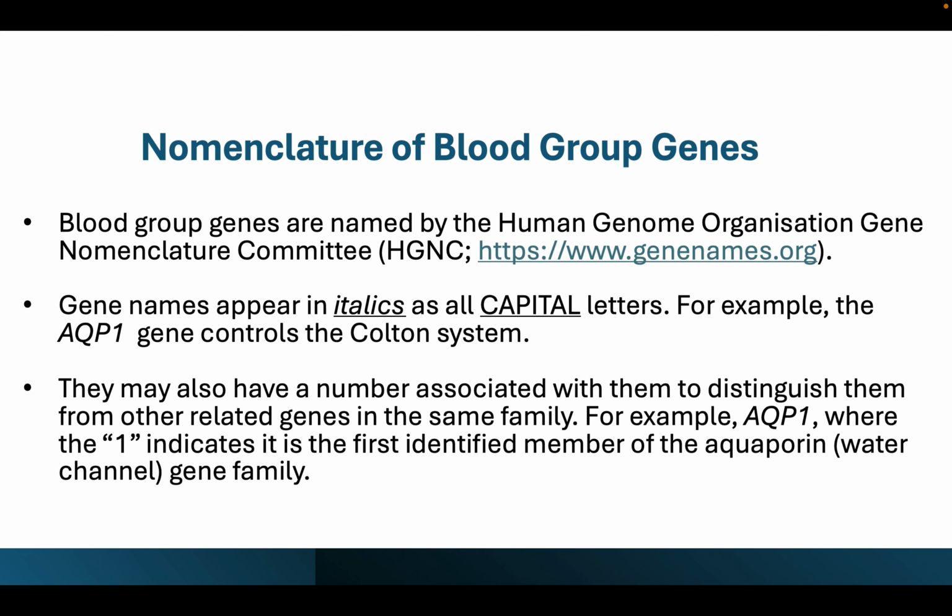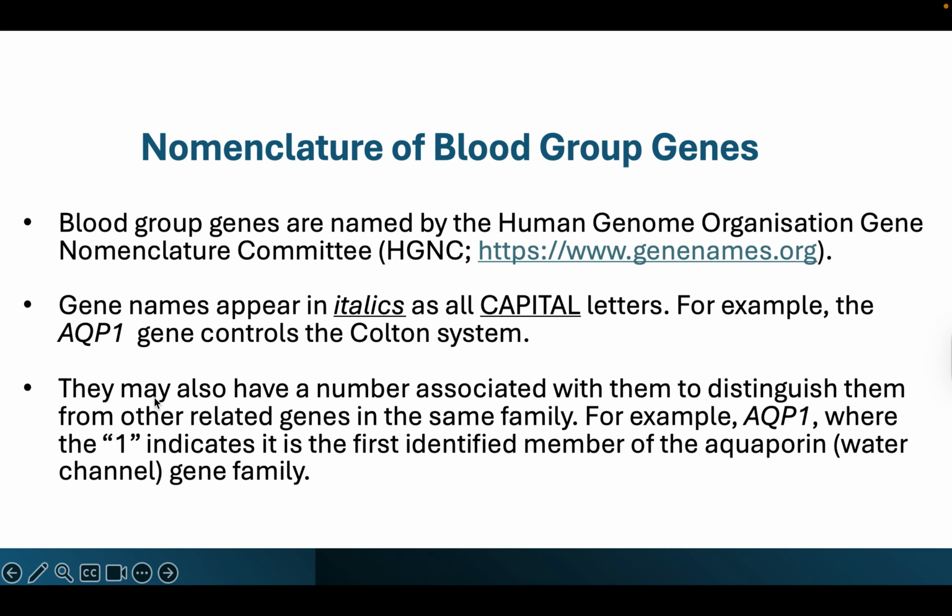The gene name always appears in italics, and if you noticed in my slides, I made sure the gene names are italic and all in capital letters. For example, the AQP1 gene controls the Colton blood group system. As you can see here, there is a number in the name of the AQP. What does this number refer to?